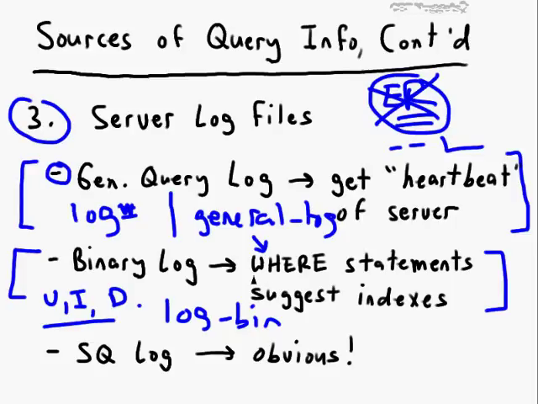You would look for those inserts, updates, and deletes where you find where statements. You'll be looking for a lot of where filtering and think to yourself, okay, well, I'm seeing a lot of operations that are specific to certain columns and you might want to do a little bit more investigation on those tables and on those columns, perhaps in your general query log, perhaps in your slow query log, which we haven't talked about yet, and these might suggest indexes to you.